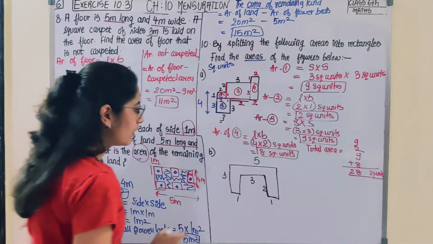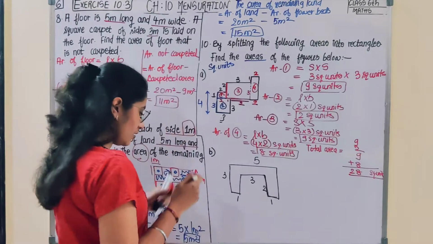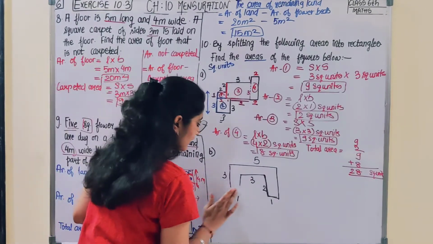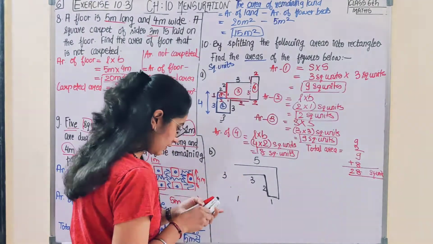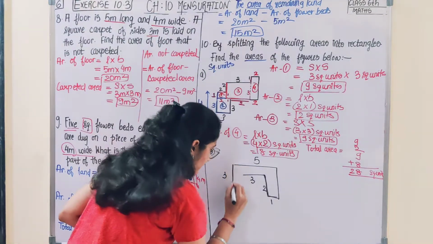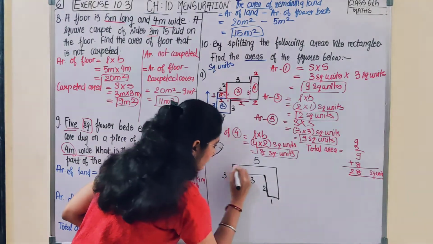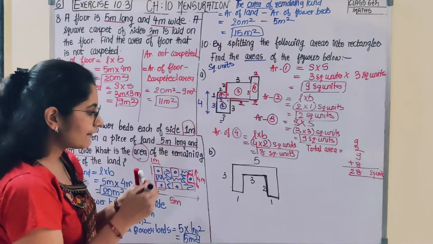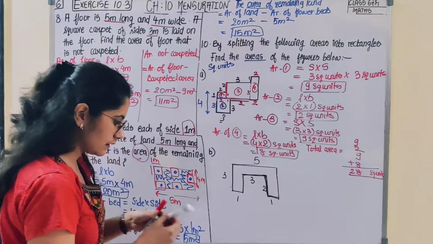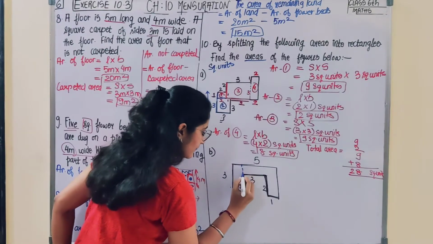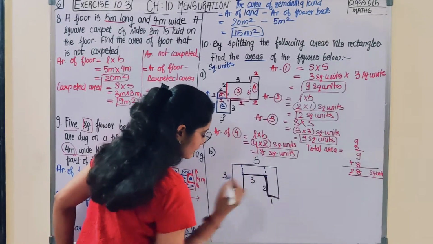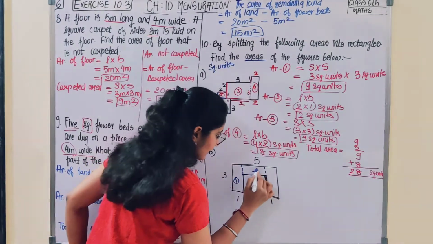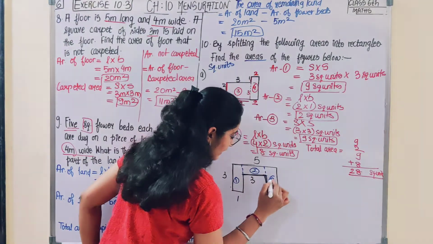Okay, now watch this figure. Okay, sorry, the figure is a little bit ugly, but okay. So if you consider, you divide this figure into 3 rectangles. Okay, you extend this. This is first rectangle, this is second rectangle, and this is third rectangle.